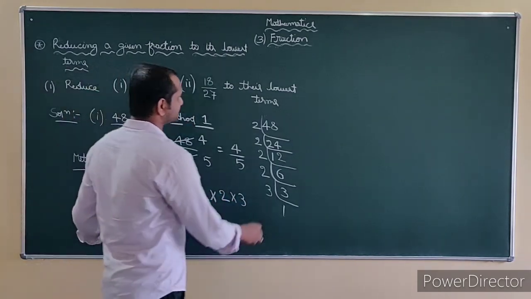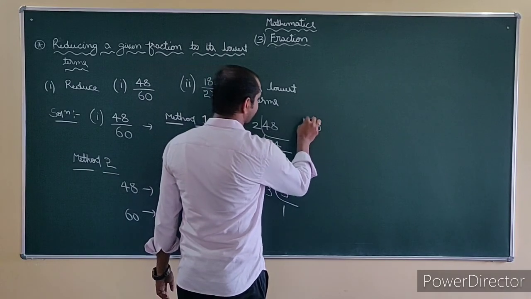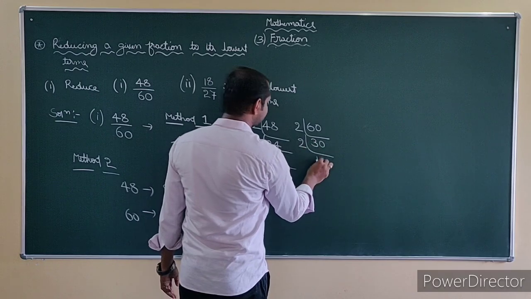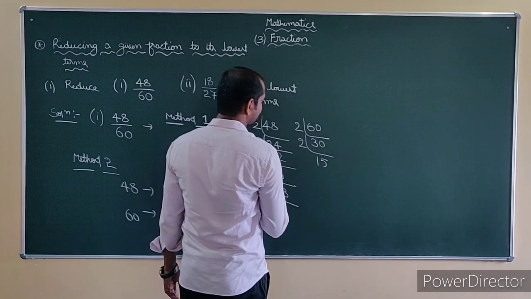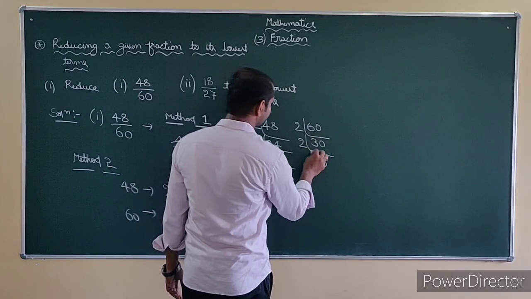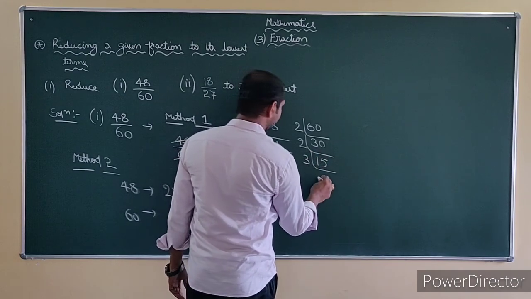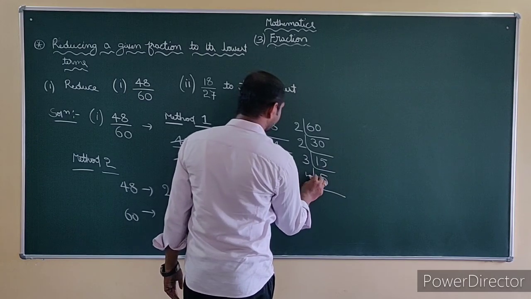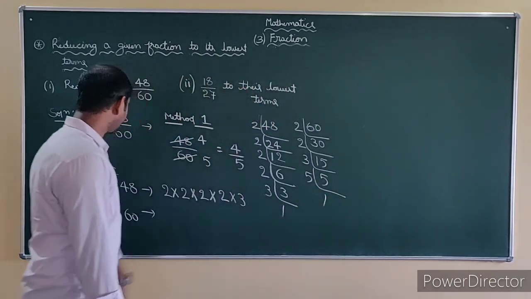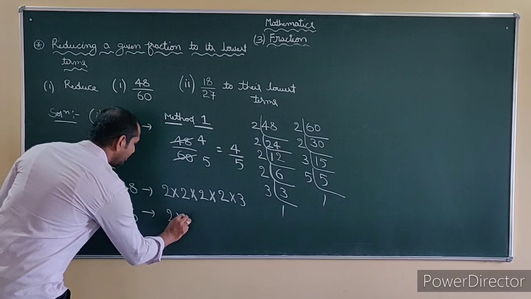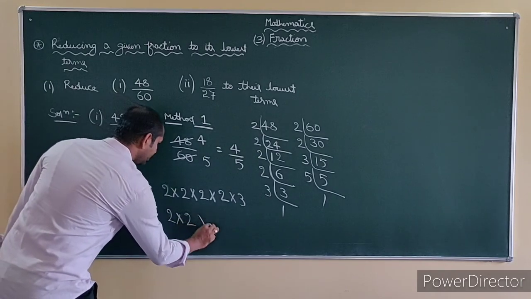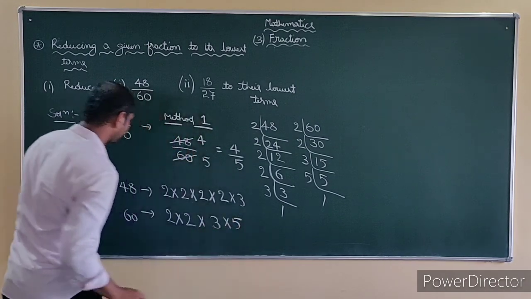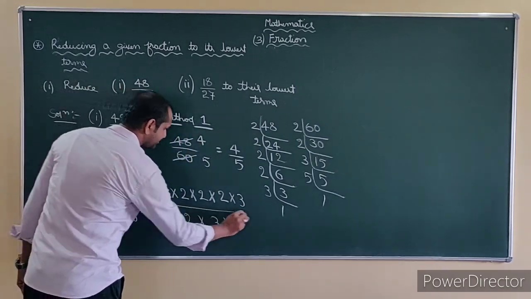And even take the factors of 60. 2 3s are 6, 2 15s are 30, then 3 5s are 15, then 5 1s are 5. So now take the factors 2 into 2 into 3 into 5.